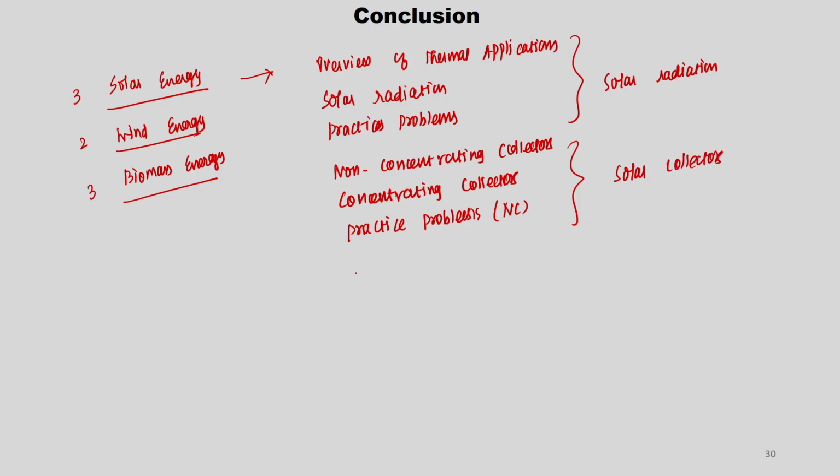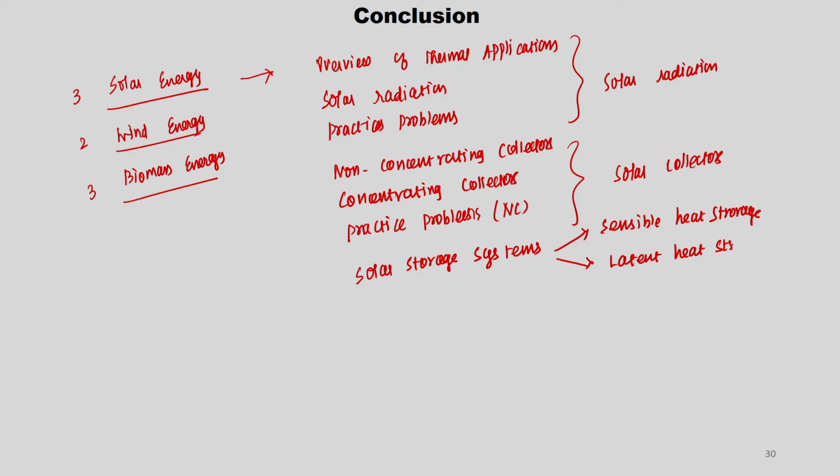And then in the third week we started with solar storage system. So, in this we have done the sensible heat storage, and then latent heat storage, and then we have seen a special case of solar storage and collection, which is nothing but solar ponds.